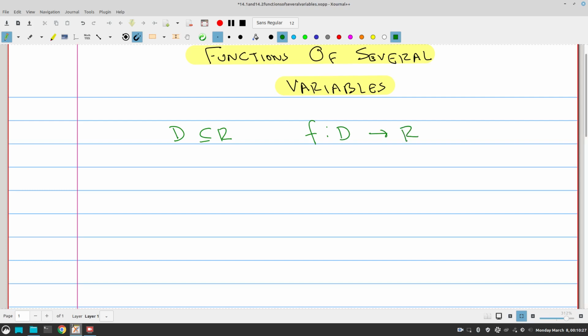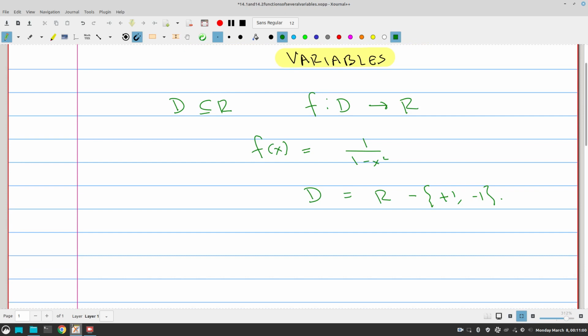So for example, if you have y equals 1 over 1 minus x squared, let's call this f of x. Then the domain of f of x equals the real numbers minus plus 1 and minus 1. The point is that this takes in single variables and outputs. It just takes in real numbers and outputs real numbers.